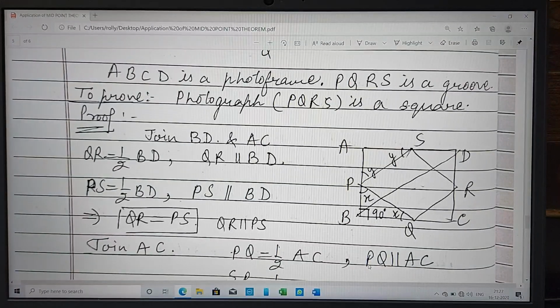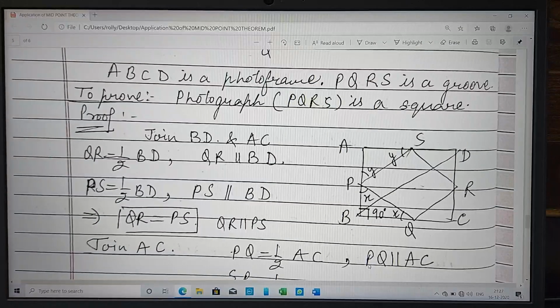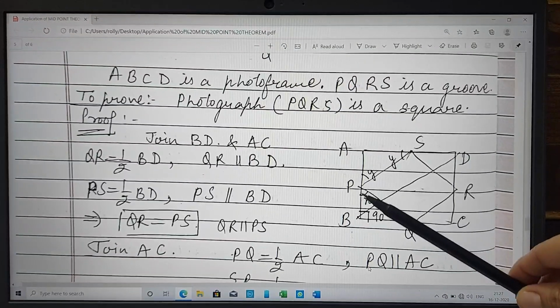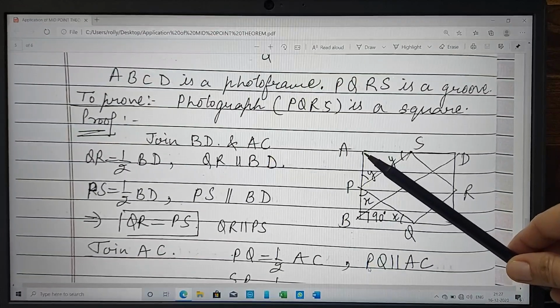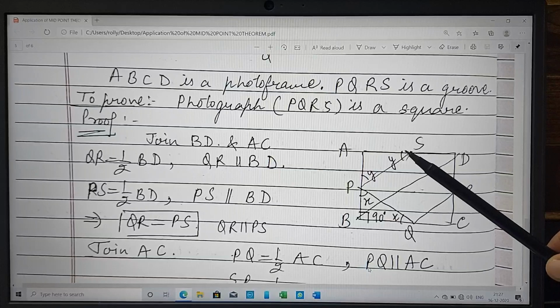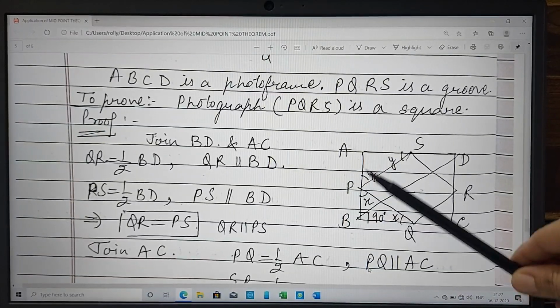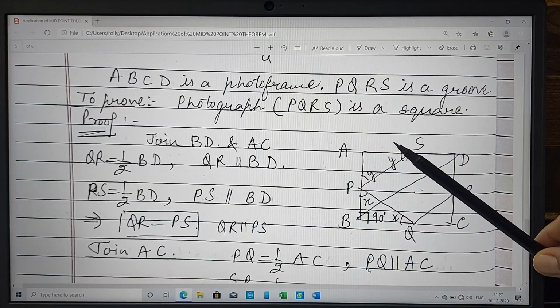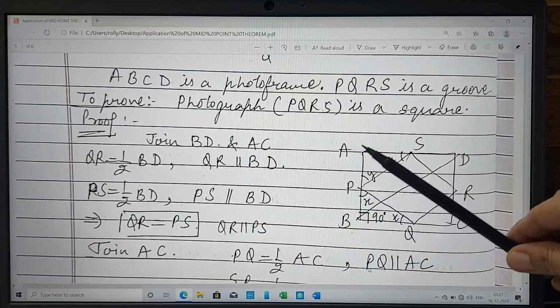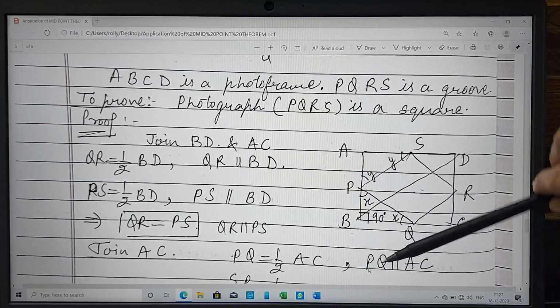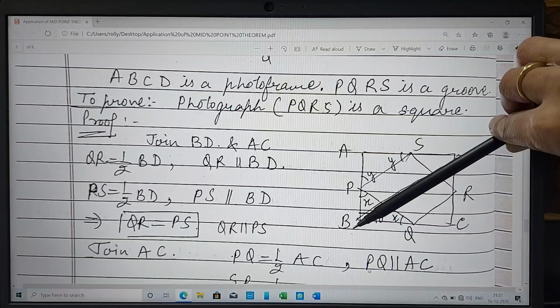We have to show that it is a square, so adjacent sides should also be equal. Now, AC and BD will be equal to each other because these are the diagonals of a square. Clear? So PQ is equal to half AC and QR is equal to half BD.